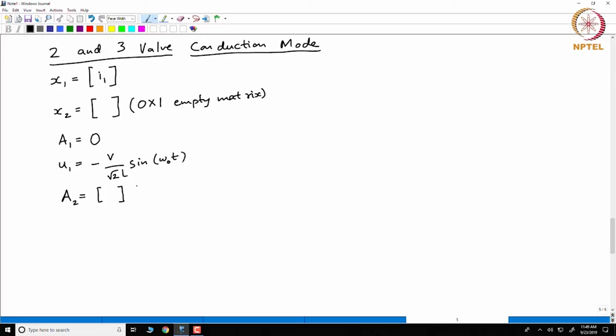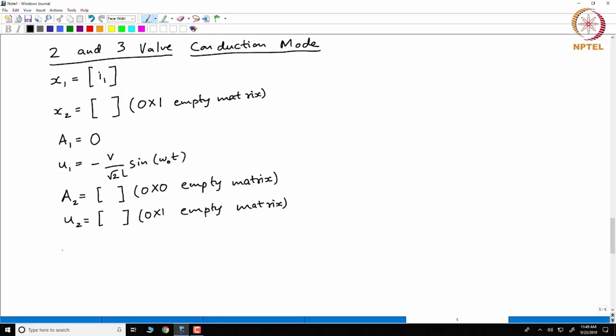So in this case, it is 0 by 0. Yeah, 0 cross 0 empty matrix. What about U2? U2 is also 0 cross 1, a 0 cross 1 empty matrix. C and D are obvious, once I know the size of x1 or size of x2. But what is not obvious is F and G. So how to find F and G?